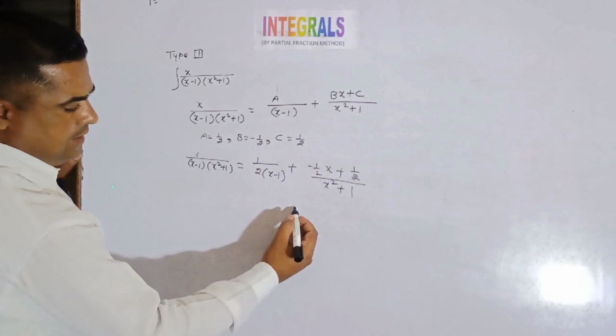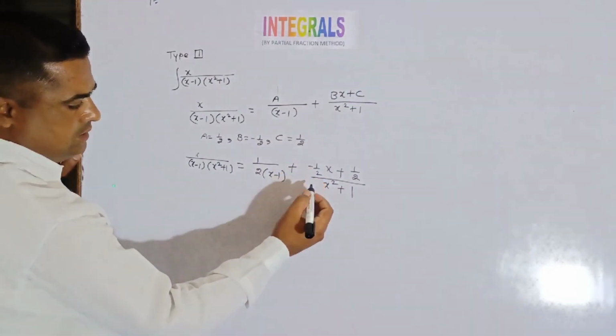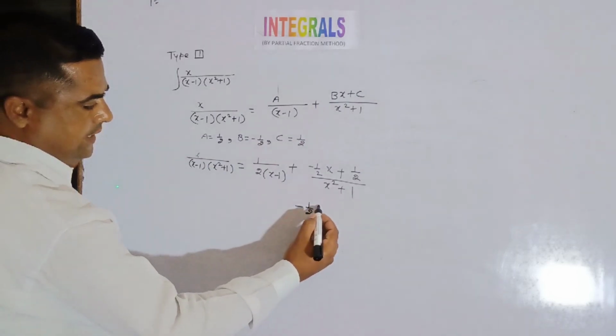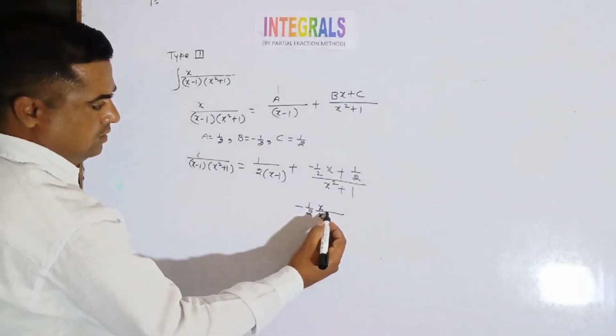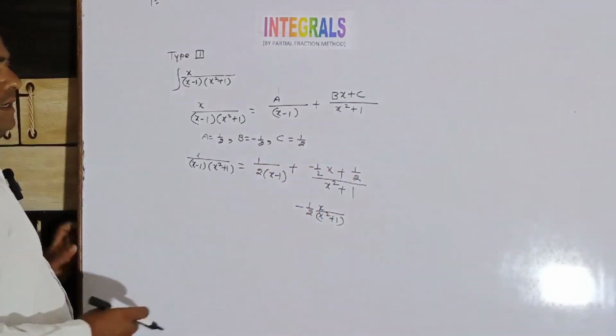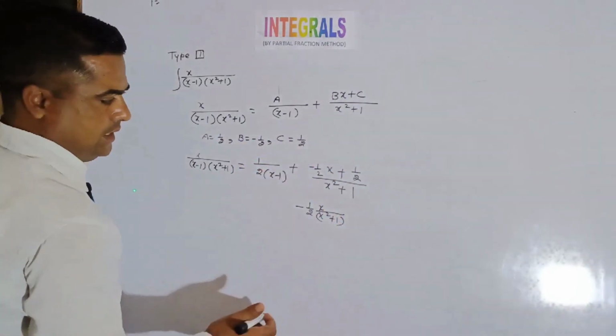So students, you can write this as minus 1 by 2 x over x square plus 1, plus 1 by 2 over x square plus 1.